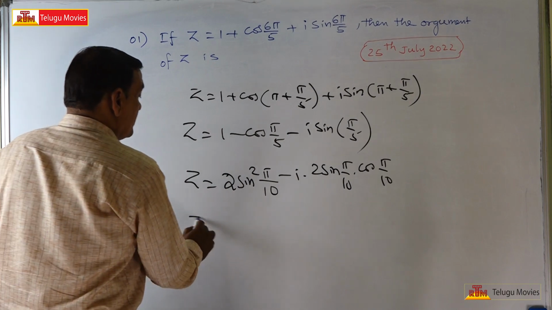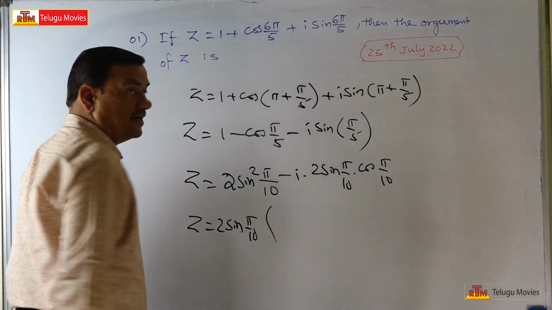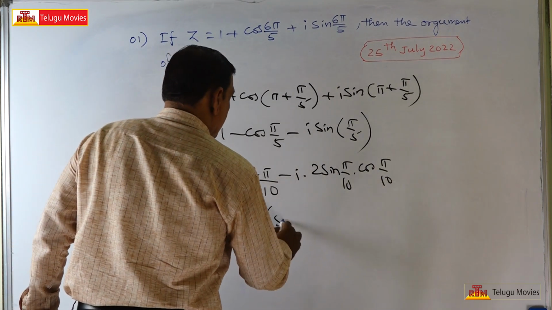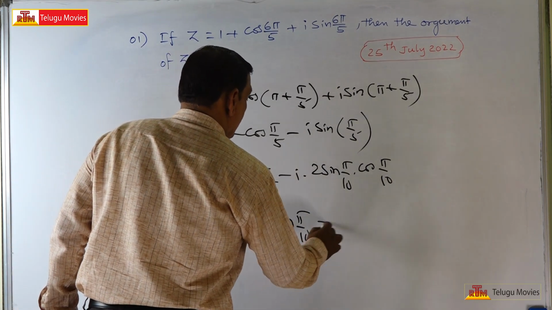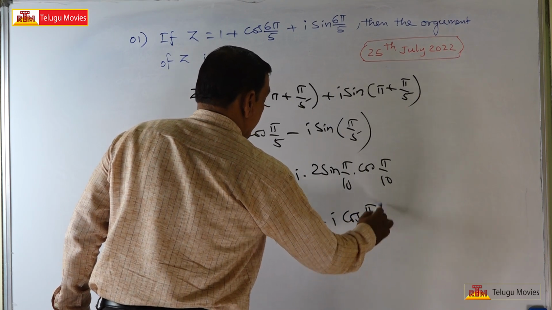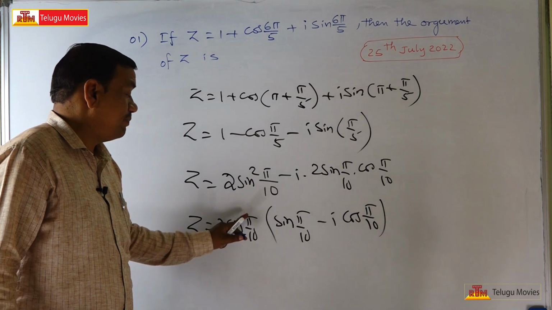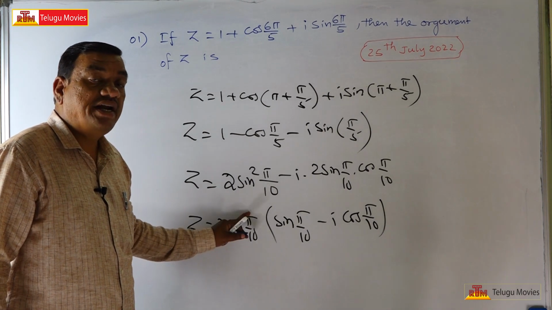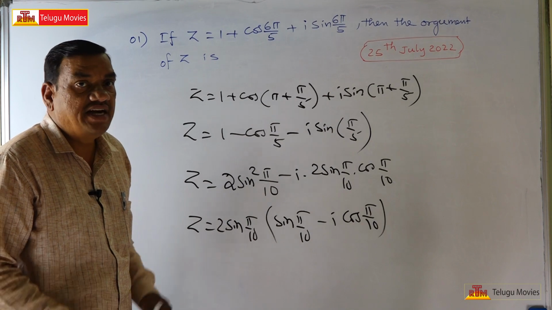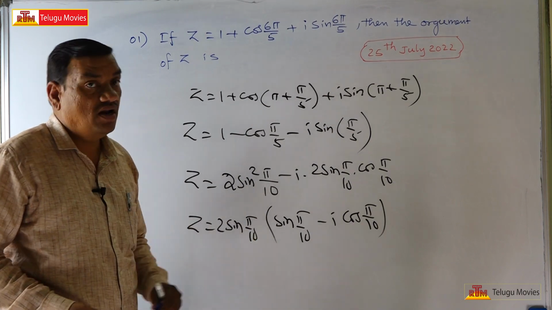Now you can take 2 sin(π/10) common outside, so this equals 2 sin(π/10) times (sin(π/10) minus i cos(π/10)). Is this the R value? Yes. Why? π/10 means 180 by 10, which is 18 degrees, an acute angle, so this will be your R value.